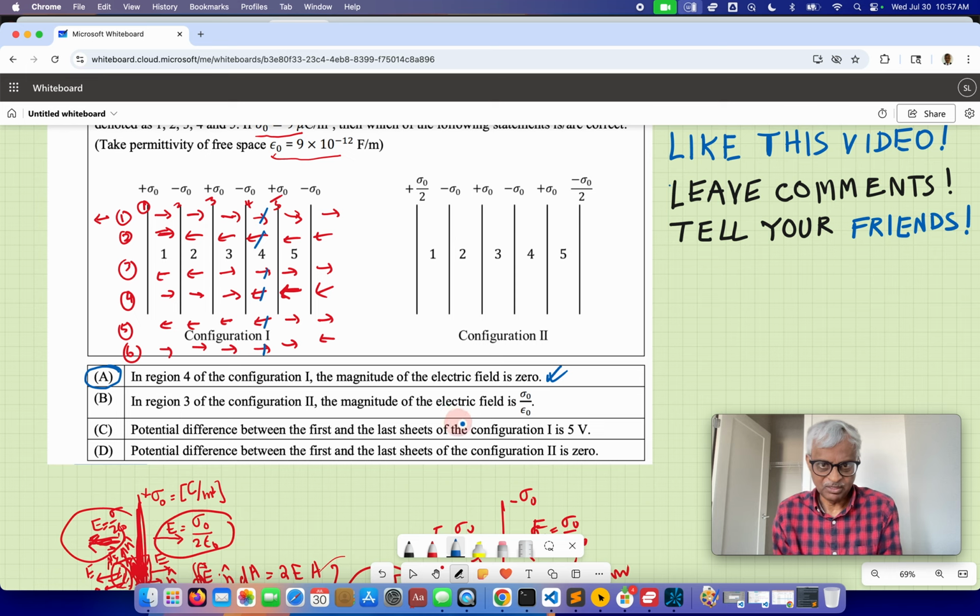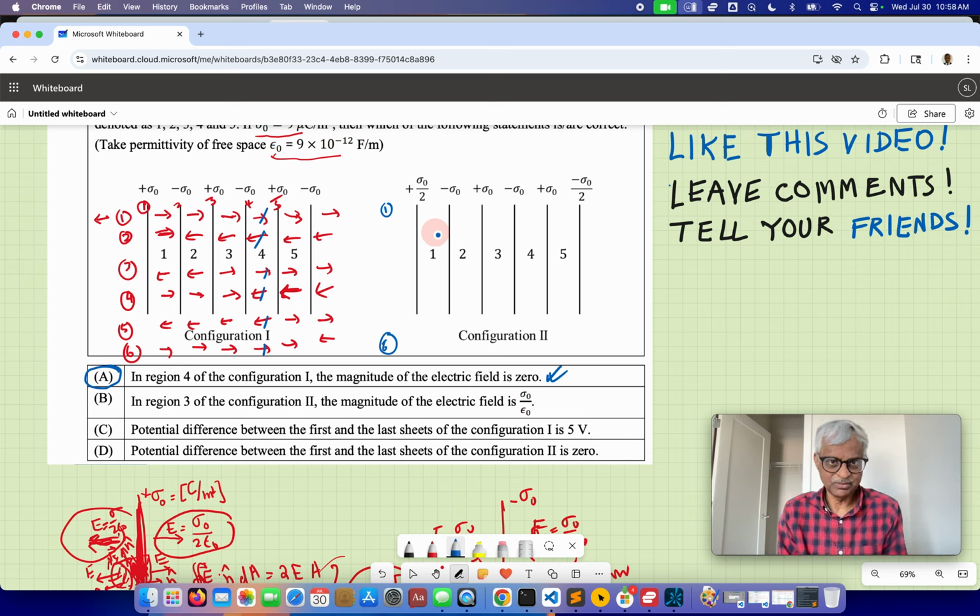If I go over there, now it's about region 3. The electric field will be this. So plate 1 changes and plate 6 changes, right? Plate 1 will be half as much, so these arrows will be half as much.